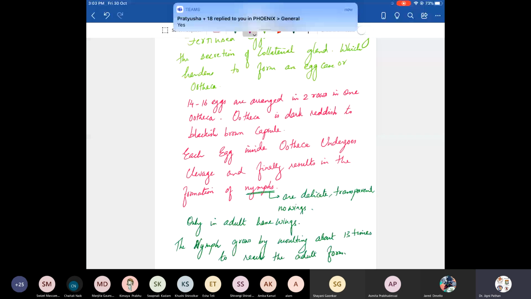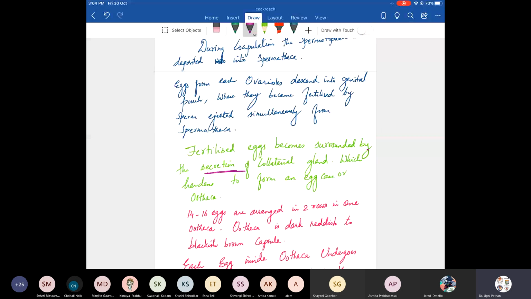Fertilized, then later what happened? Fertilized eggs become surrounded by secretions from a gland. Which gland does the female have? The female has collaterial glands, and their secretions harden into the egg case, or ootheca. If you have fertilized eggs, 16, with 8 and 8 in a row, then this fertilized egg mass is covered by the secretions of the collaterial gland, which forms the egg case. Now this is an egg case.